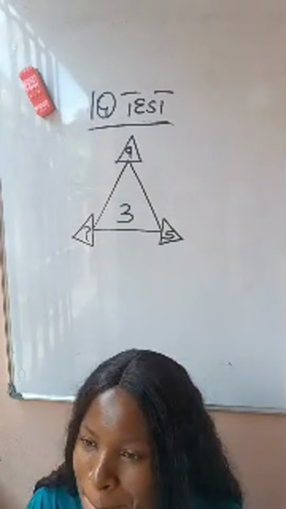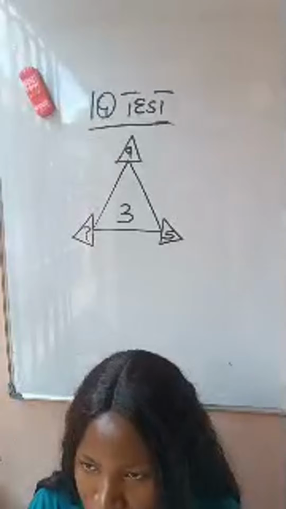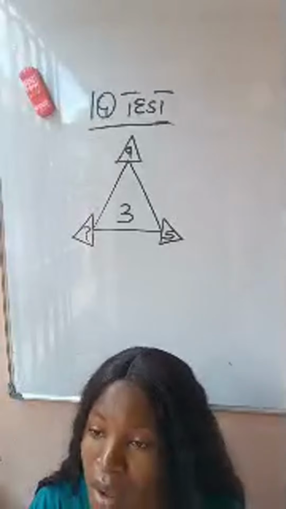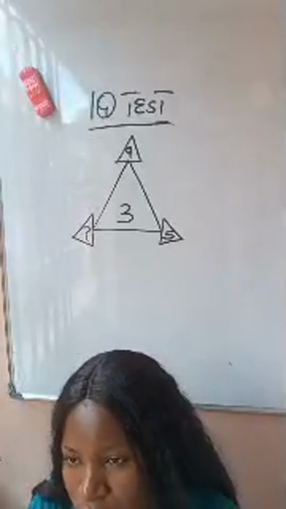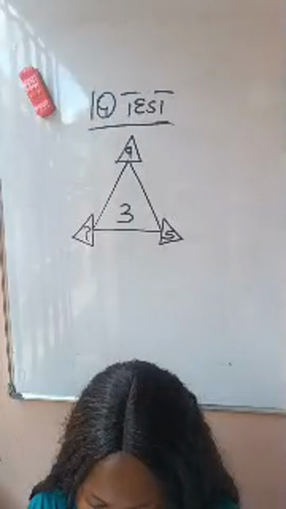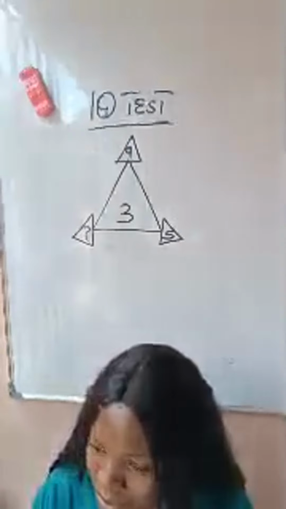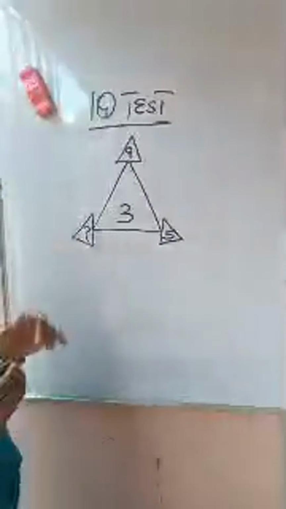So the last one is A. Kimo, the last one, the answer is A. It has 5 sides against others. Others have 6 sides each. So what is the missing number? Okay, I think let me just drop options for this one, because I can relate to what you people are going through right now.